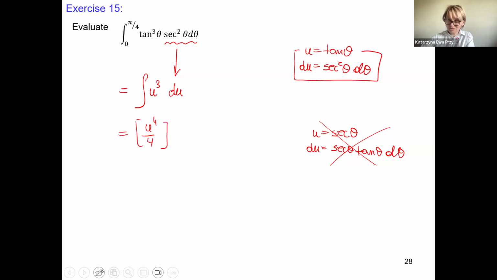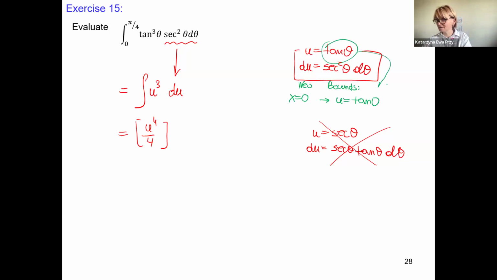And what are the new limits of integration? Can somebody help me? Let's say new bounds. When x is 0, u is tangent of 0, and when x is pi over 4, u is tangent of pi over 4.